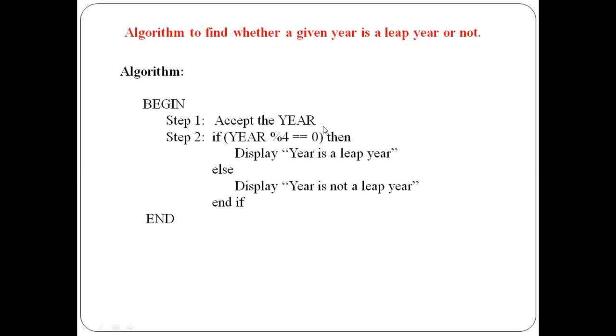So accept the year. Now my condition is, if year % 4 equals 0, then print it is a leap year. Else print it is not a leap year. So this is a stepwise ordered sequence, with clearly defined instructions which perform some task, and we call it an algorithm.